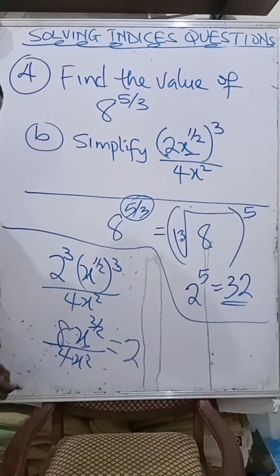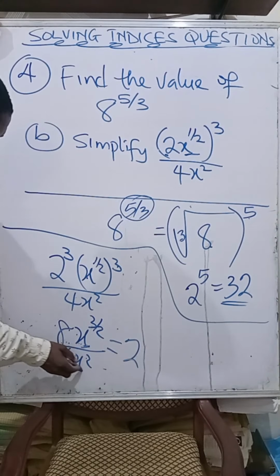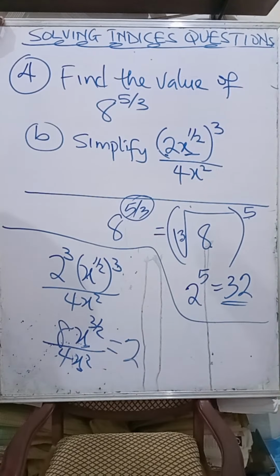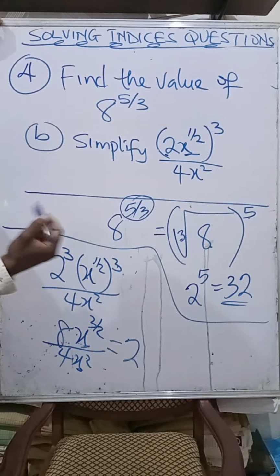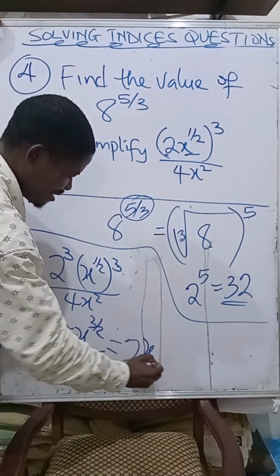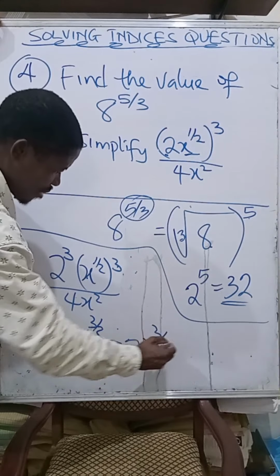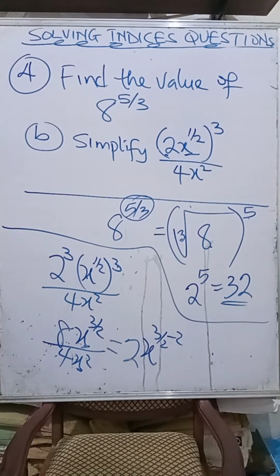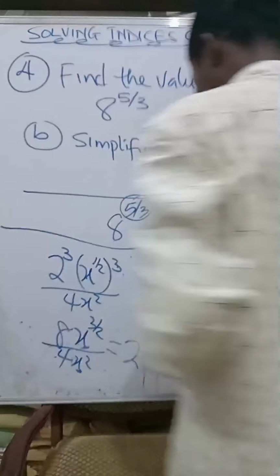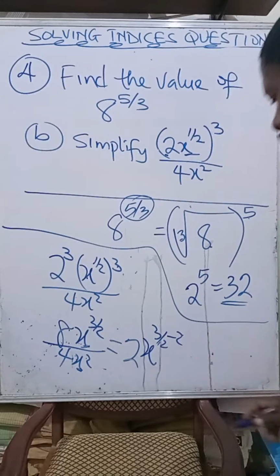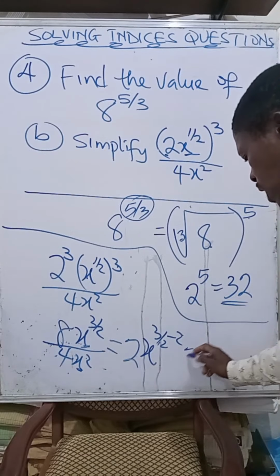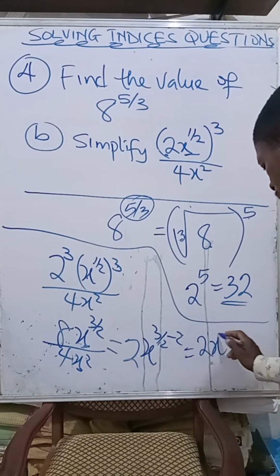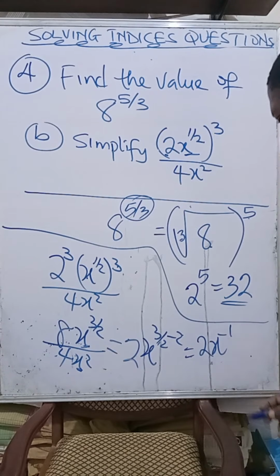This is x as a base on the top, and this is x as also base at the denominator, and you are dividing. So you take one of the bases, then you subtract the power: 3 over 2 minus 2. Okay? And if you do that, this will be 2 times 2, that's 4. So 3 minus 4, so we're having 2x to the minus 1, okay, over 2.